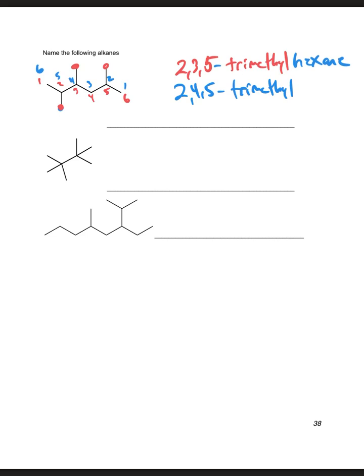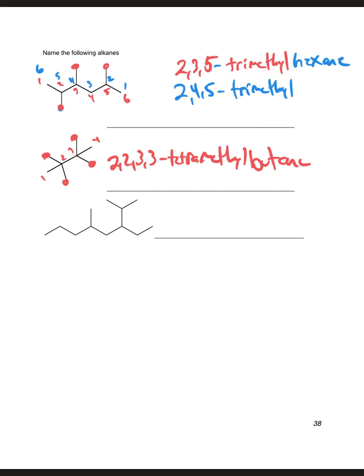When we go to the next one, we have a substituted butane, and this butane has 4 methyl groups off of it, so it's going to be 2, 2, 3, 3 tetramethylbutane.